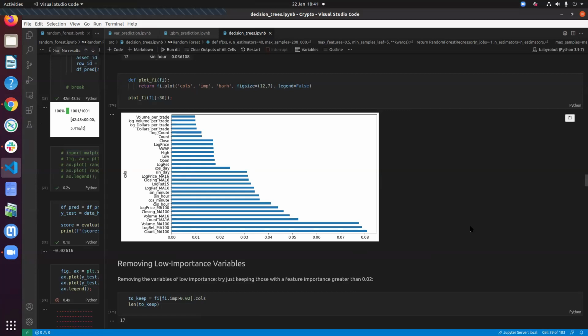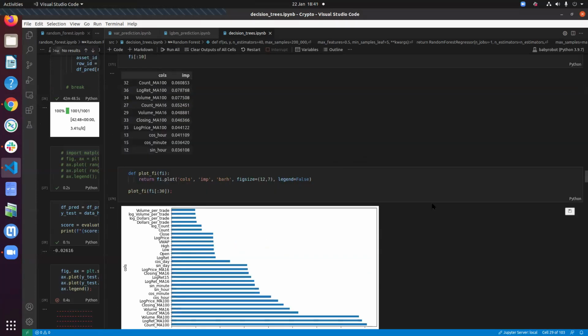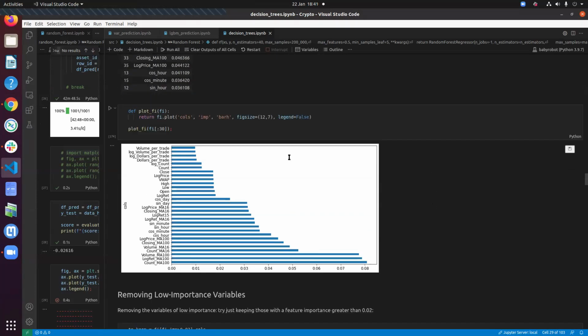So after I'd done all of that, I ended up with a load more extra features. But using the decision tree thing, you can get graphs out of it, which show the relative importance of each feature towards the final prediction.